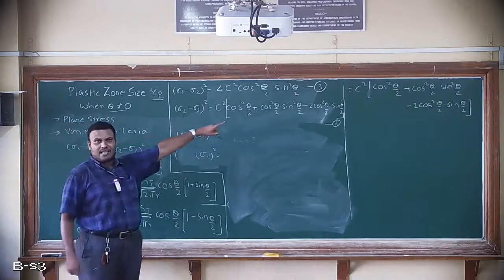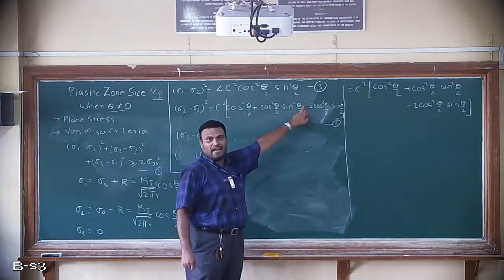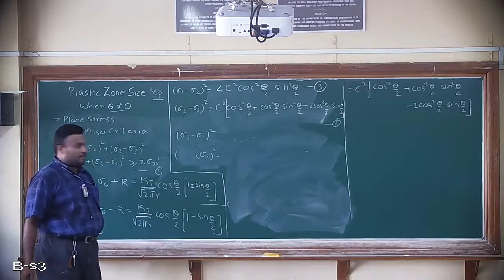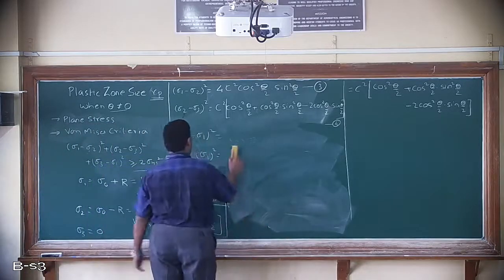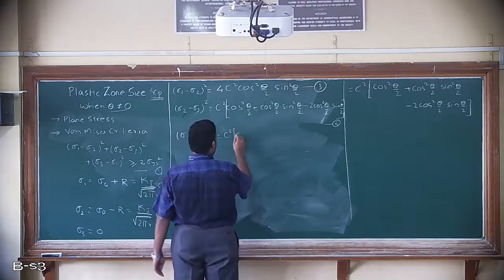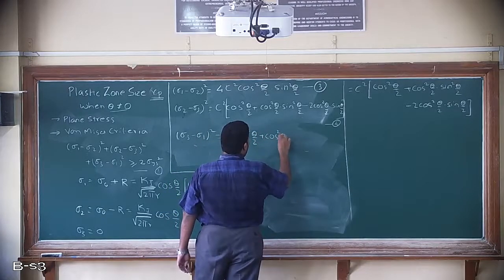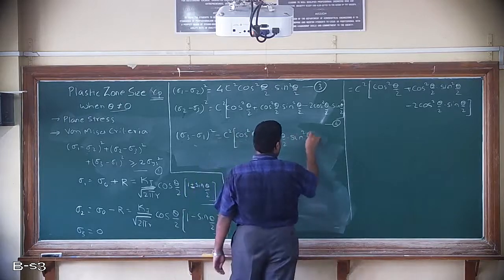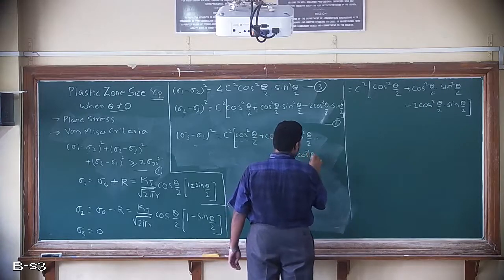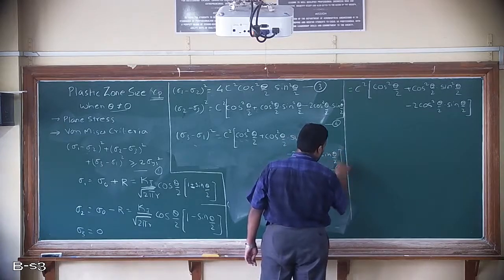It will be the same as that equation we have seen, but instead of minus over here we will have a plus, just because there is 1 plus sin(θ/2) over here. So we can write (σ3 − σ1)² as C² [cos²(θ/2) + cos²(θ/2) sin²(θ/2) + 2 cos²(θ/2) sin(θ/2)], and this will be equation number 5.